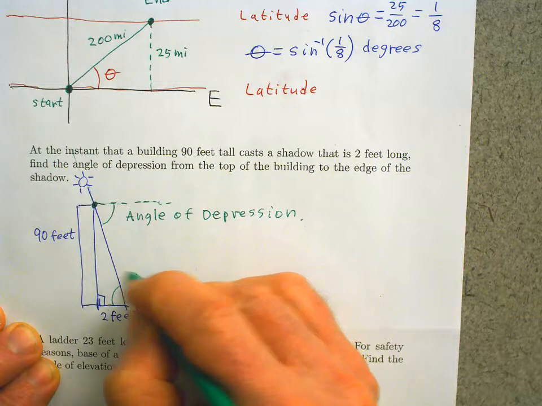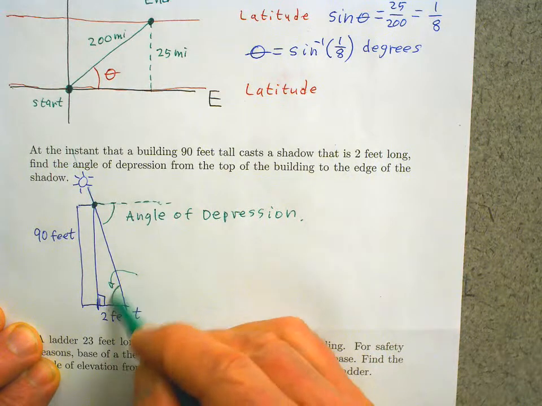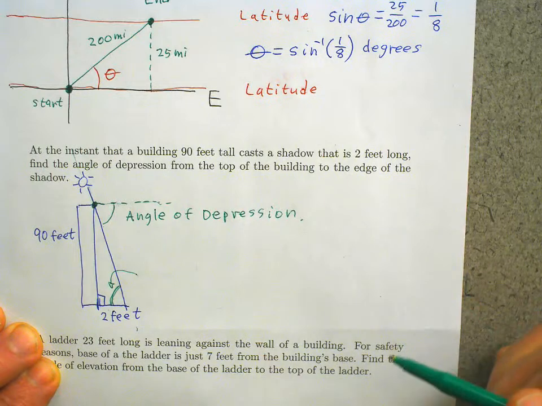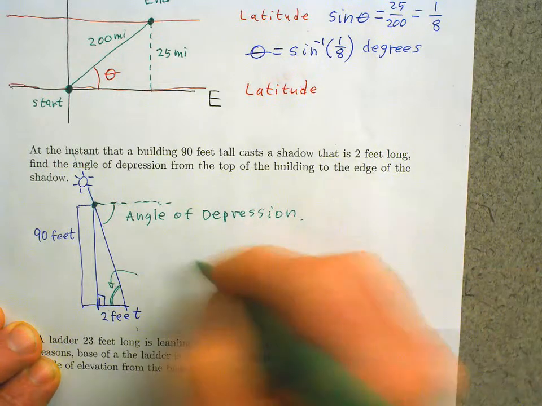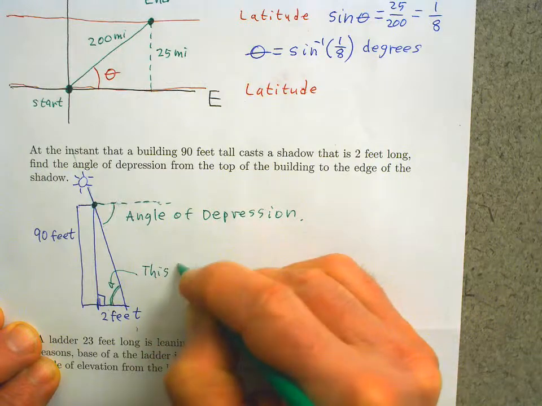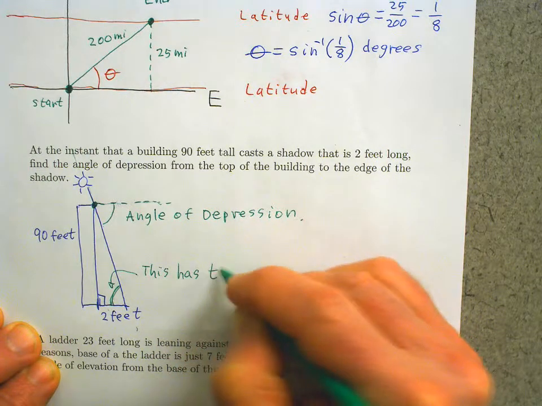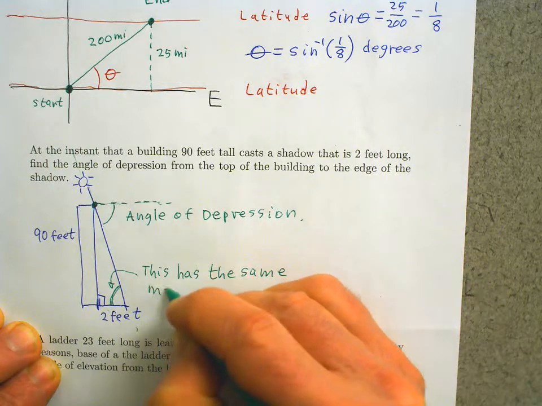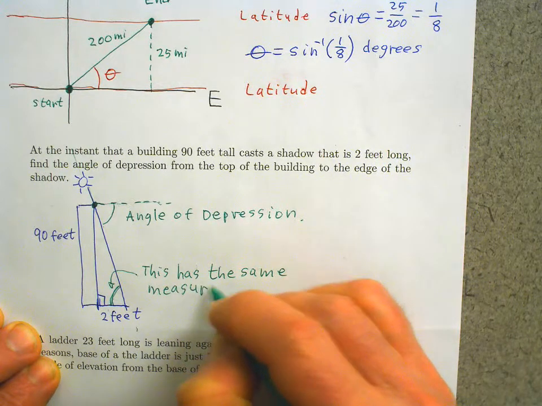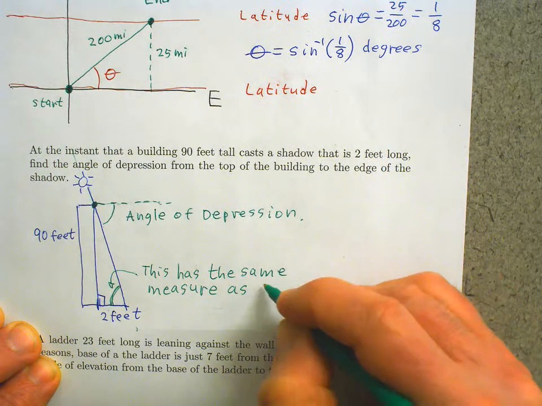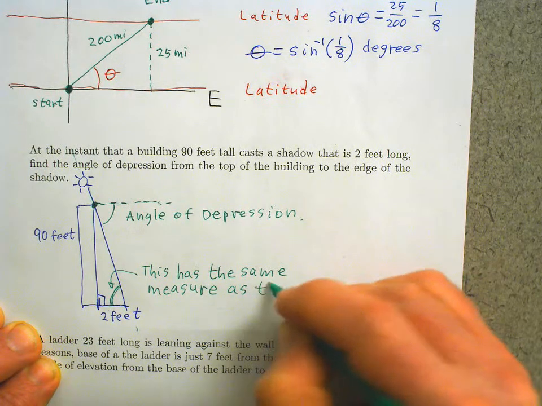So the measure of this angle right here is the same as the angle of depression. So I might as well write it: this has the same measure as the angle of depression.